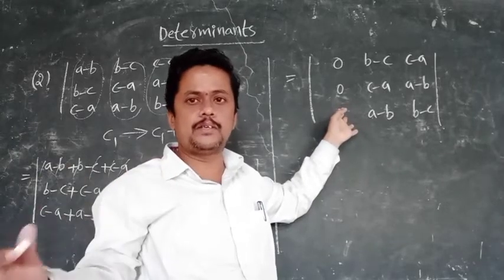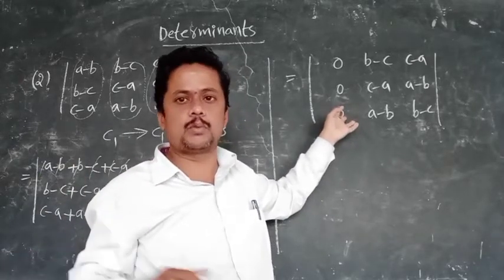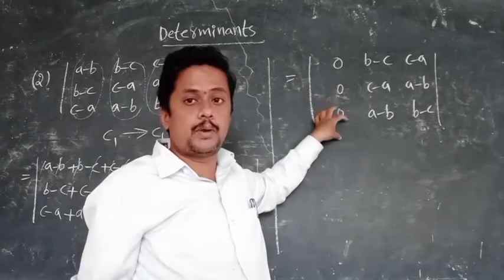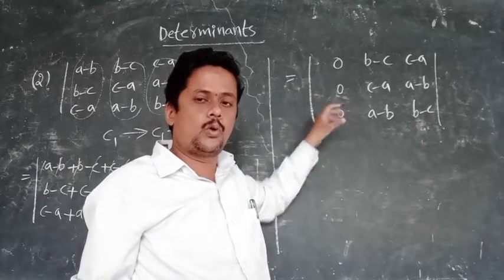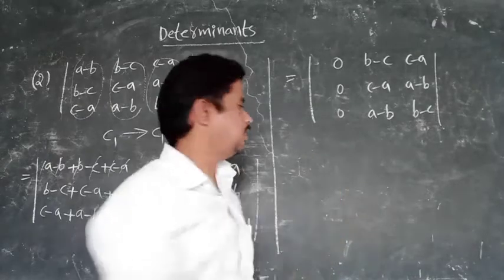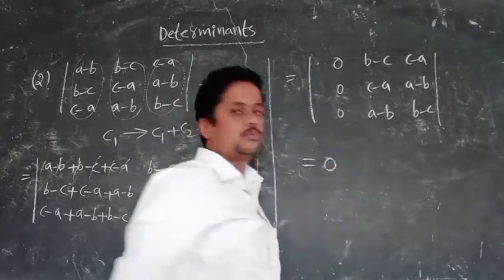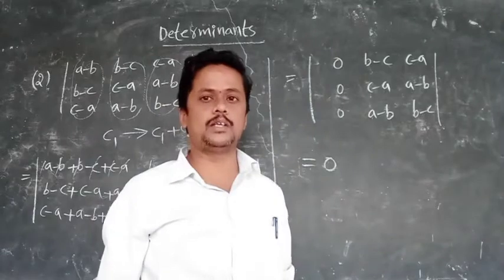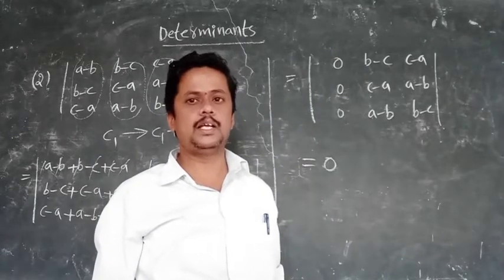According to the properties of the determinant, third property, if any row or any column contains all zeros, then the determinant value is 0. Understood or not?